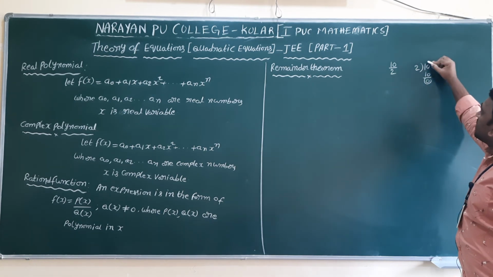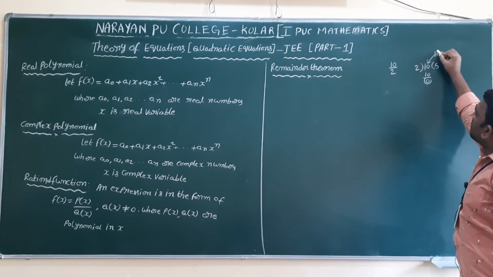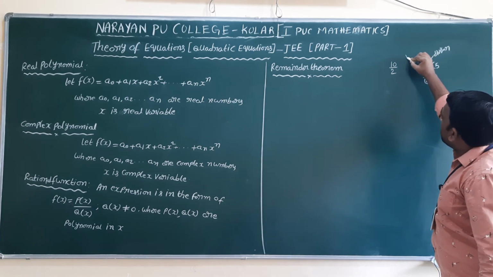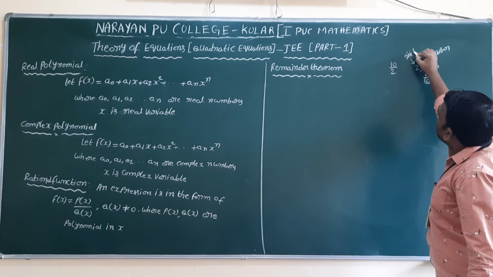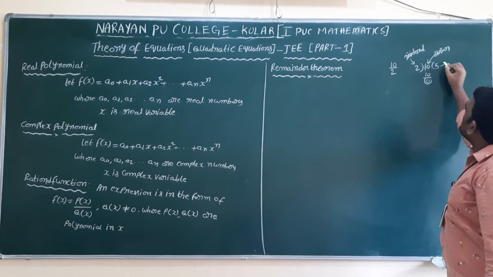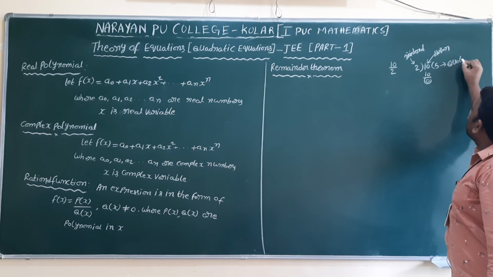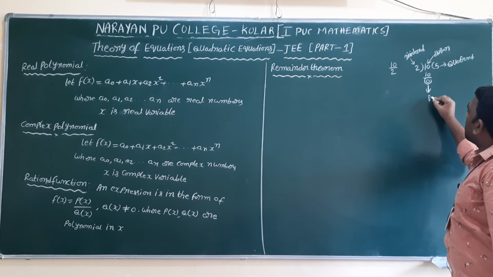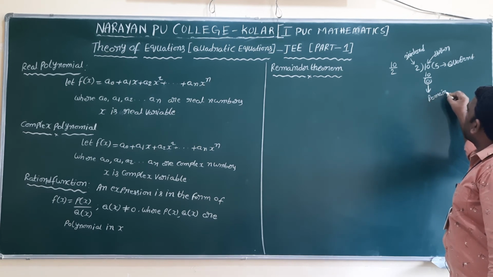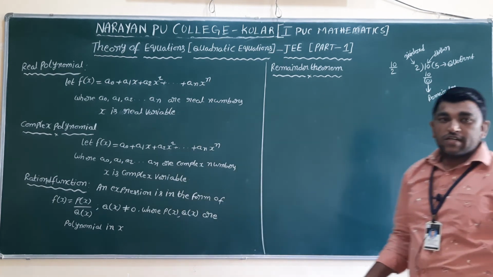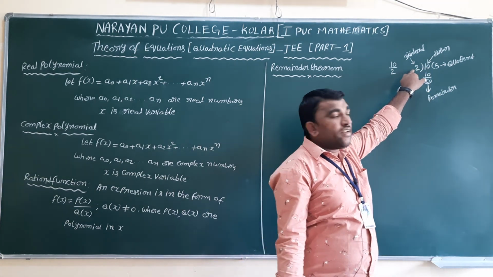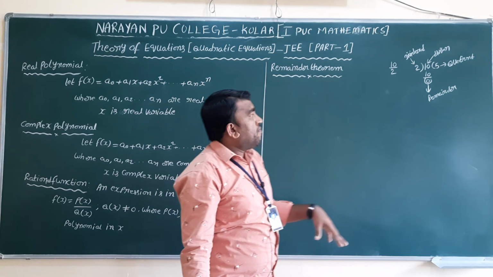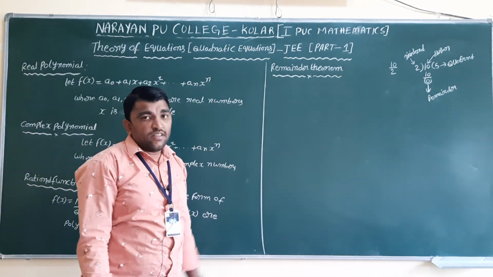So this is the divisor, this one is the dividend, this is the quotient, and this one is the remainder. Divisor, dividend, quotient and remainder, generally we can say. But while taking functions, how do we define the remainder theorem?